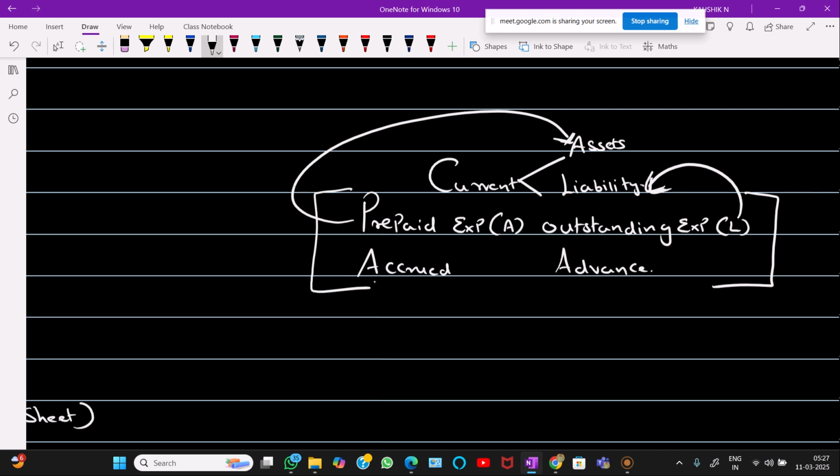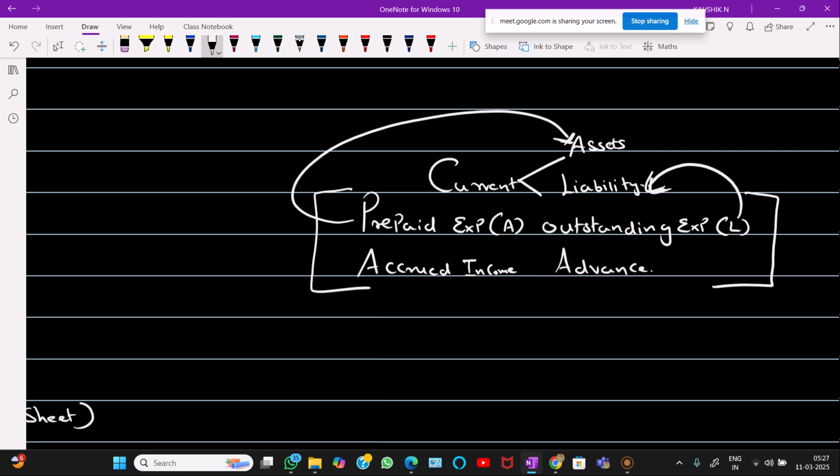The next is accrued, which belongs to income: accrued income. Tell me whether accrued income is an asset or a liability.